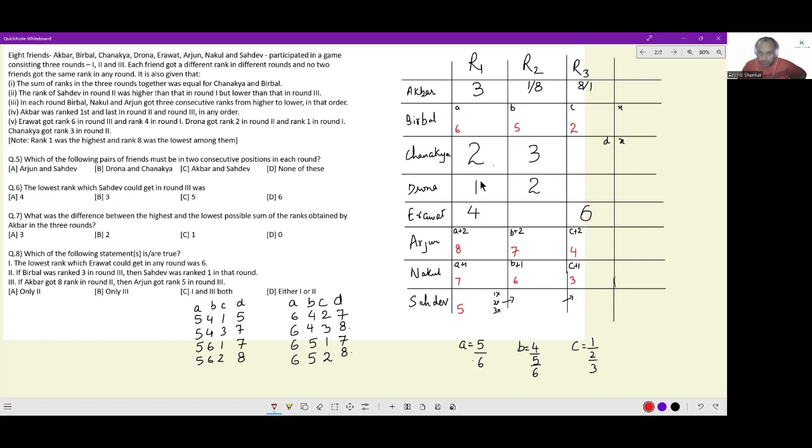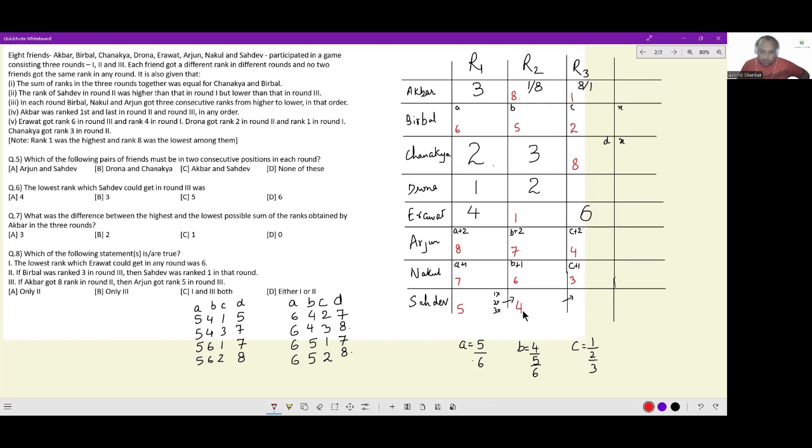Oh, one minute. 6, 5, 2 gets me to 13. So this is 8. If this is 8, this has to be 1. If this is 1, this has to be 8. So now in the second column, 2, 3, 5, 8, 6, 7. 1 and 4 are left. 4 cannot come with Irawat, so 1 comes here. So 4 comes here.